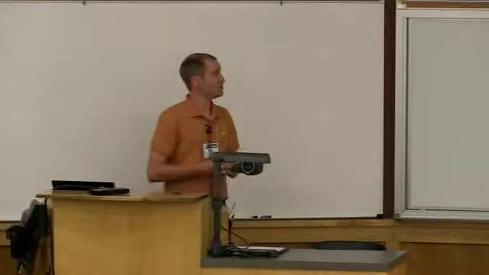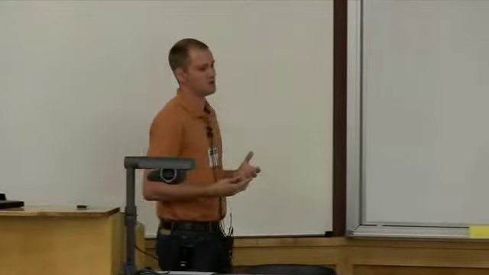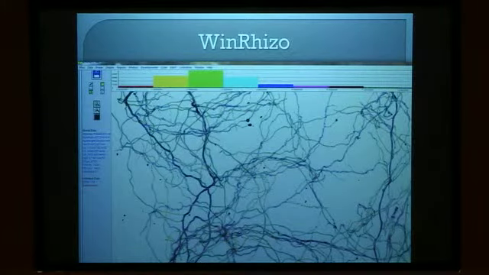And I'll talk about that briefly, but this is just a software program that allows us to take a digital image of our root system after it's washed free from the soil. And from that, we can get many different traits, primarily the diameter of the roots, the root length within certain diameters, surface area, different measurements such as that, which otherwise would be almost impossible to measure by hand.